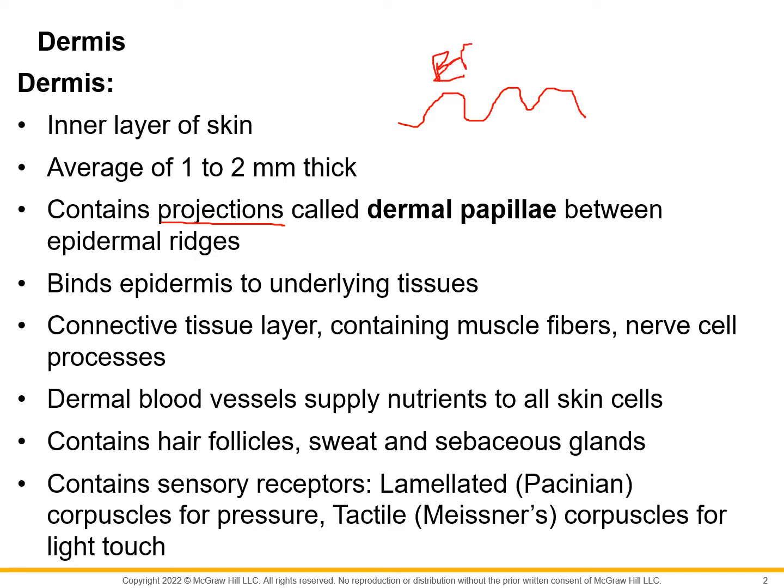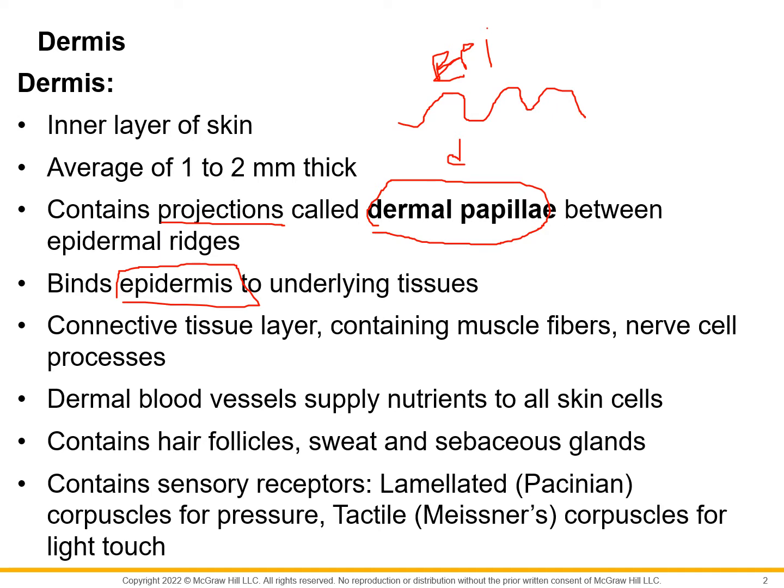Again, I'm sorry about my spelling here, trying to use my mouse pad. The epidermis versus the dermis here, and those little projections are called dermal papilla. That is where the little finger-like capillary bed is. It is going to bind the outermost layer, the epidermis, to the underlying tissue.